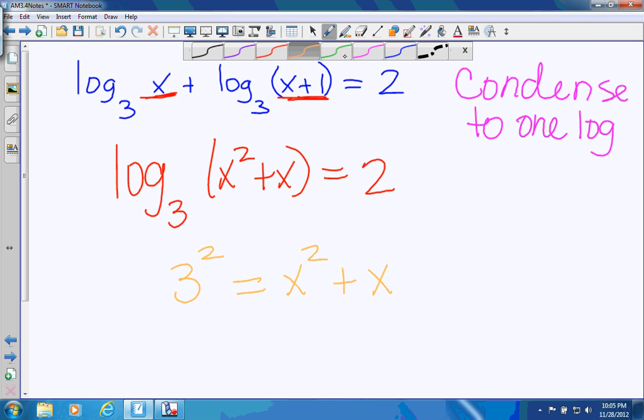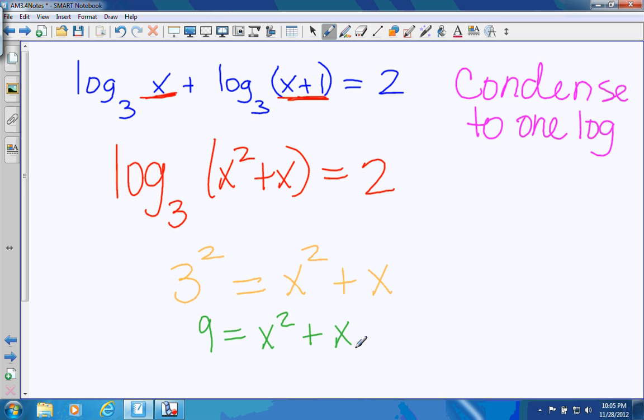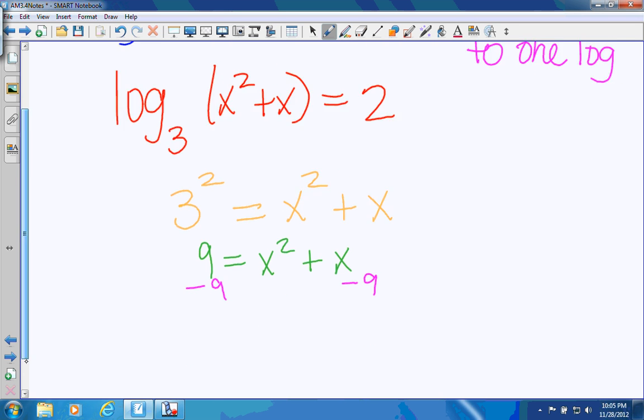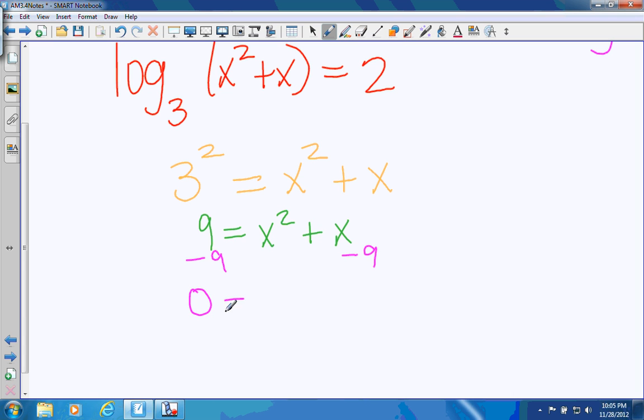Simplifying this down, 3 squared is 9 equals x squared plus x. Subtracting 9 from both sides will leave us with 0 equals x squared plus x minus 9.